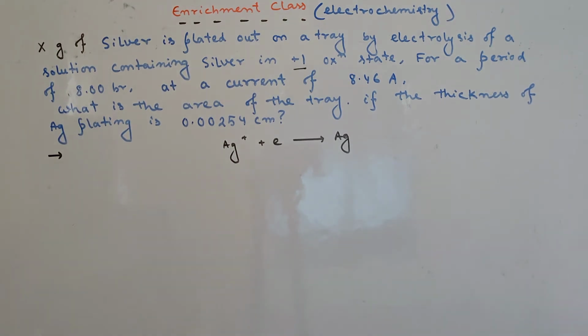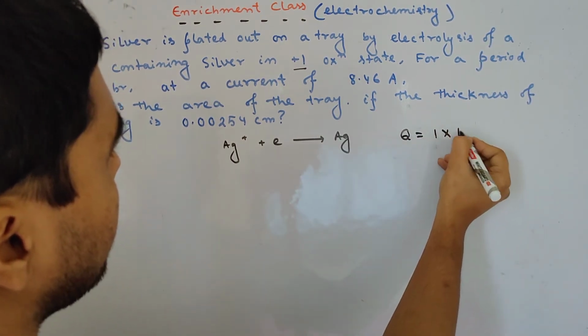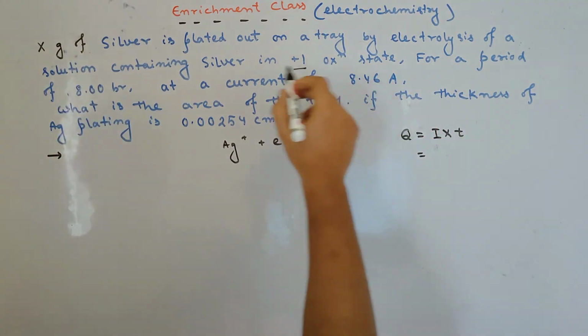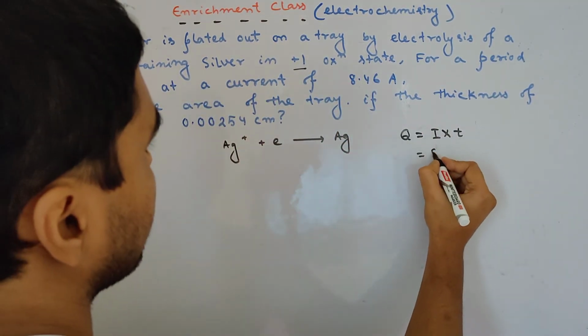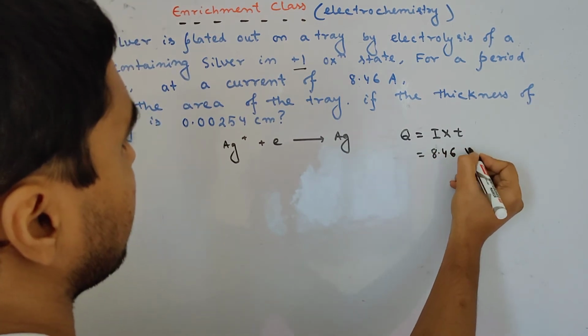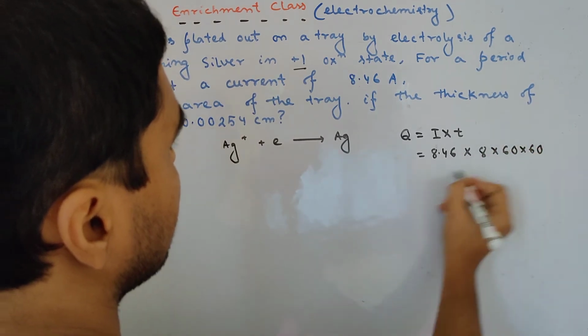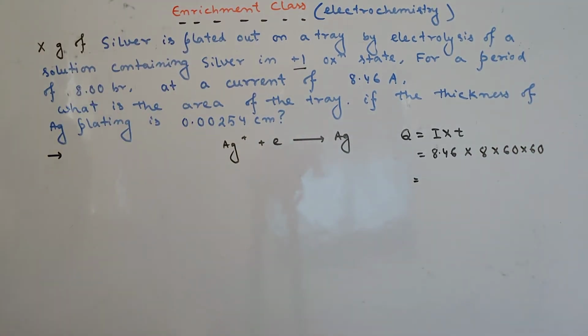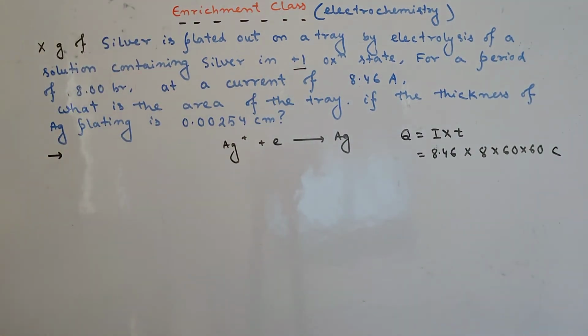Now, in order to calculate Q is equal to I into T, we have to see how much it is: 8.46 ampere into 8 hours, that is 8 into 60 into 60. That should be the total amount. So we are keeping it as it is. This is the Q, this much coulomb.